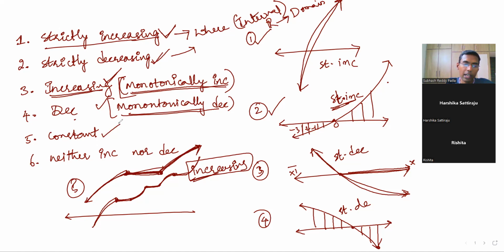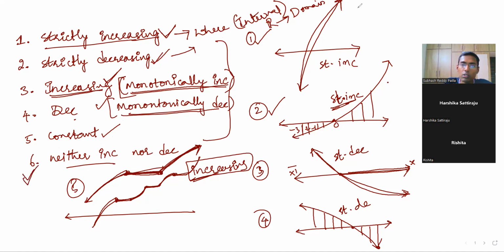Okay. If in some interval it is constant, I told you this is neither increasing nor decreasing. The next point I'm making is, whenever we say increasing or decreasing, strictly increasing, whatever it is, you should tell where.